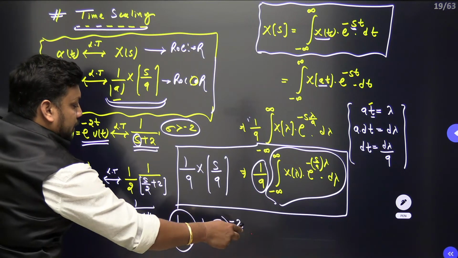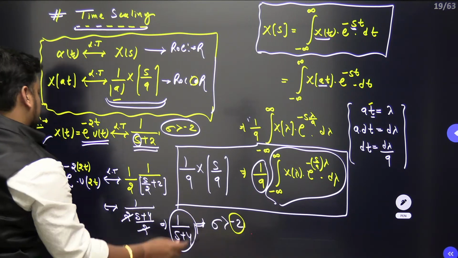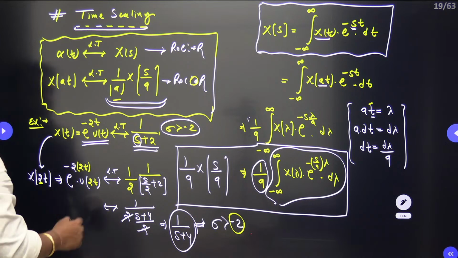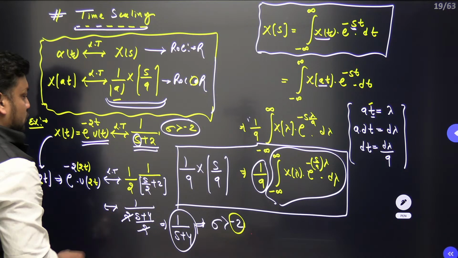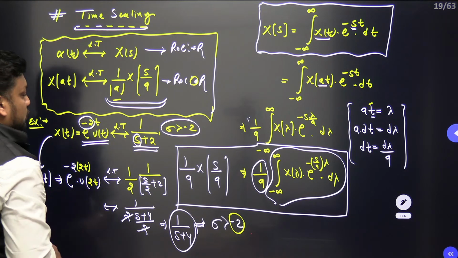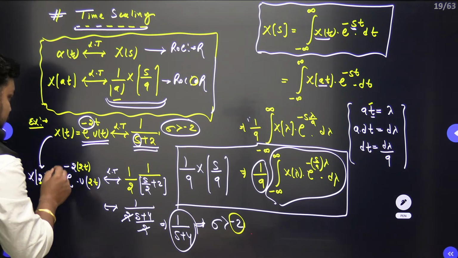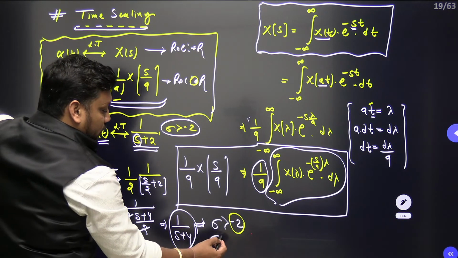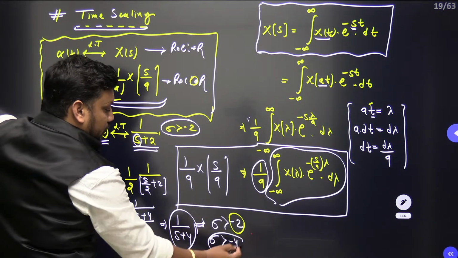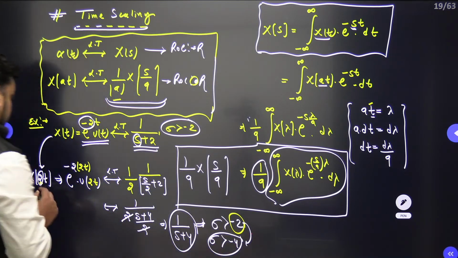This time if you multiply this ROC by the a factor, the scaling factor is 2. So you will get sigma is greater than minus 4, because the ROC is a multiple of a.